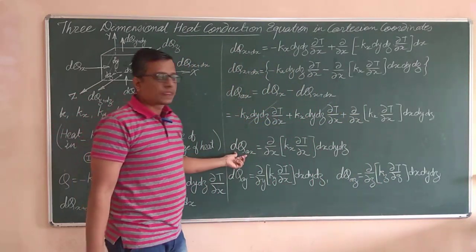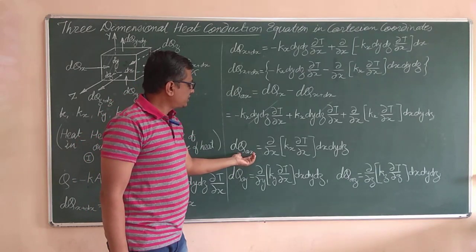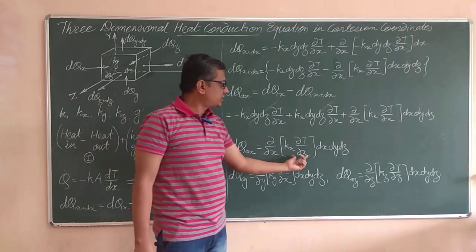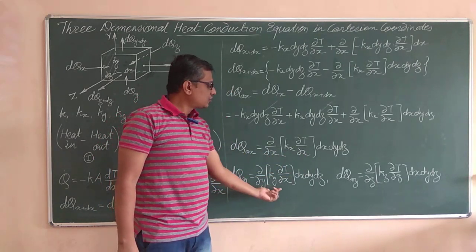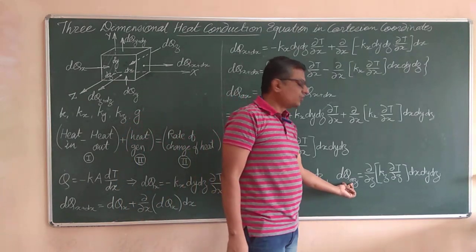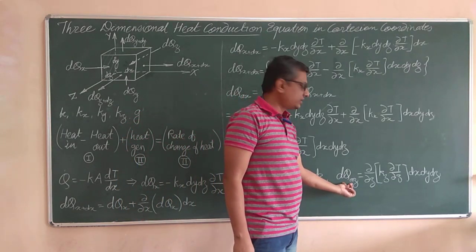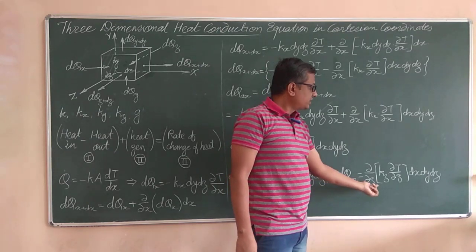The first equation is the heat accumulated due to the heat conduction in x direction. This dqay is the heat accumulation due to the heat conduction through that element in y direction, and this dqaz is the heat accumulation due to the heat flow in z direction.